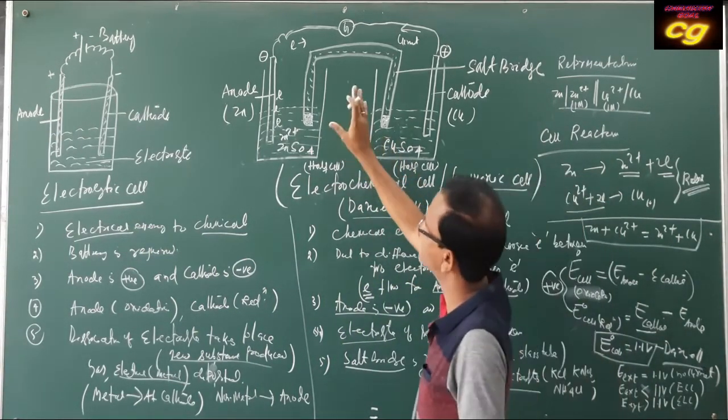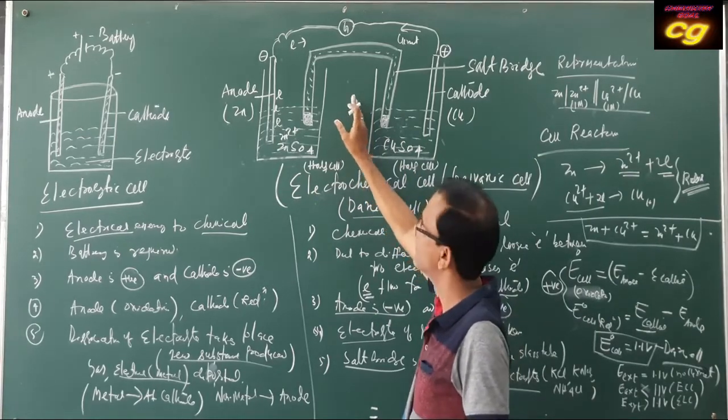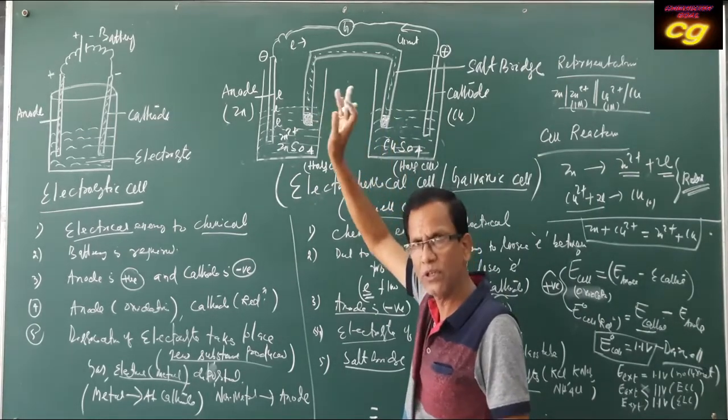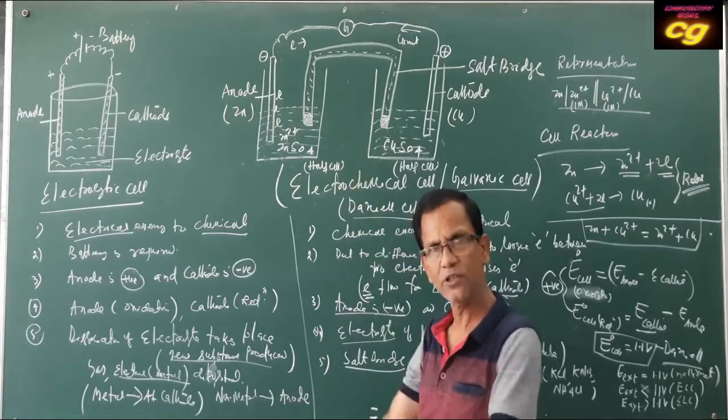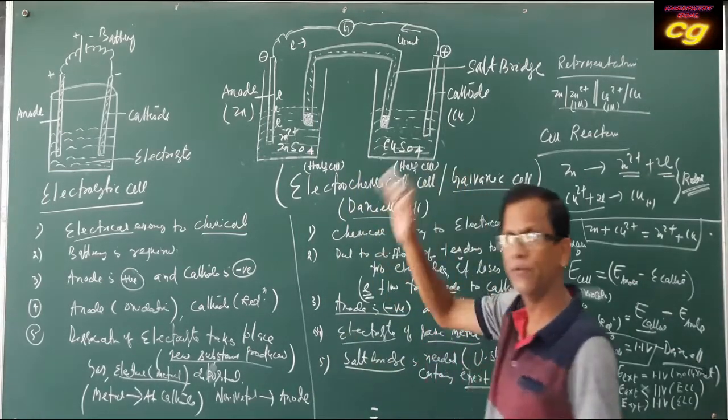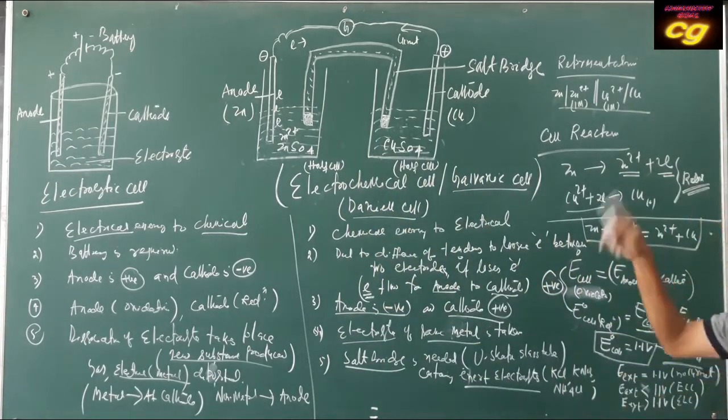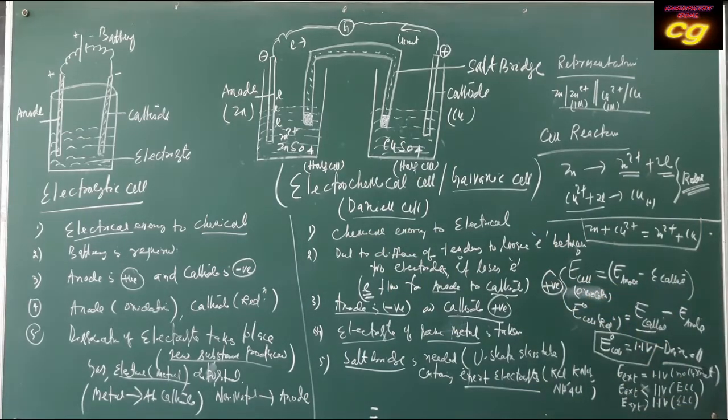Normally it acts as a spontaneous process: current will flow, electrons will flow from zinc to copper. But it will reverse when the voltage is greater than 1.1 volt, and then it acts as an electrolytic cell.